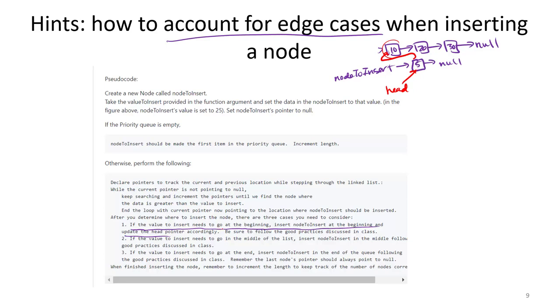So if the value to insert needs to go at the beginning, then we insert our desired value and attach it to the very first node where head points. But then we also have to update our pointer head to point at the same location as node to insert, because head must point to the very first node in our list. So that's the first edge case.